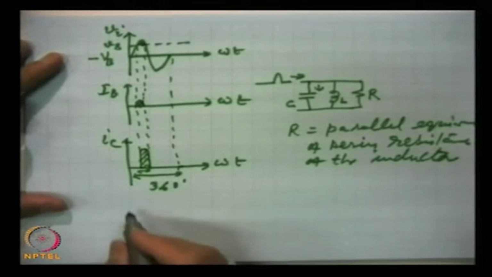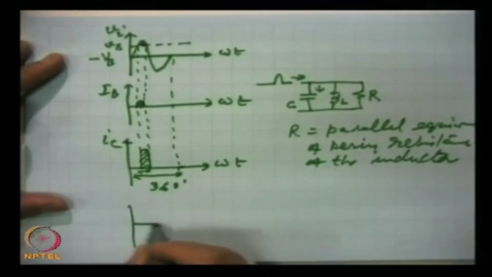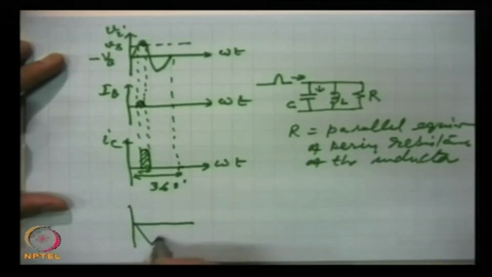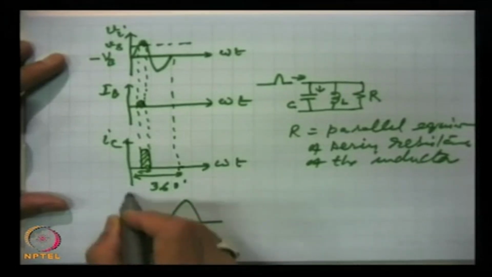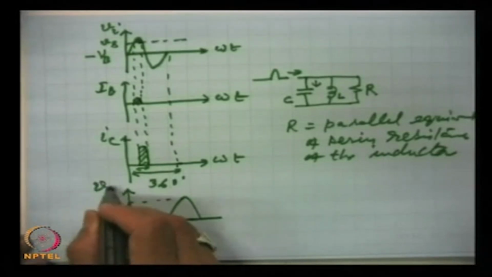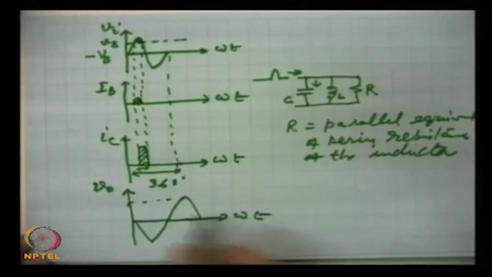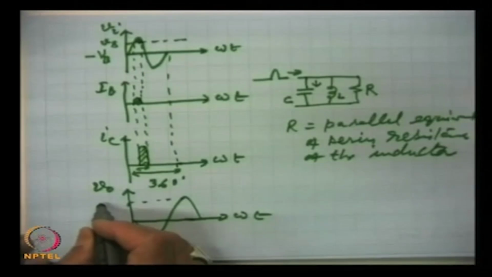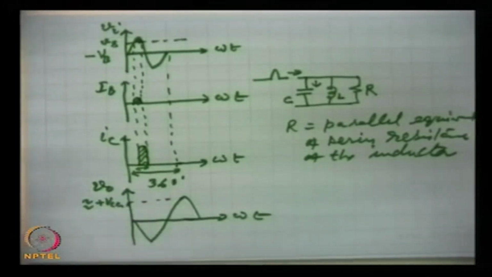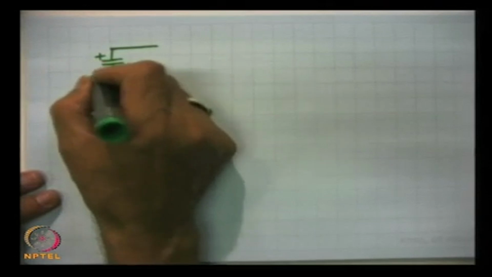because I will show you what finally we are going to have. This is the output voltage, and this is V out versus omega t, then the peak value will be close to VCC. So, the capacitor is charged, and we have this situation.